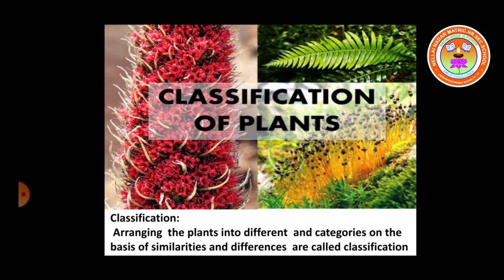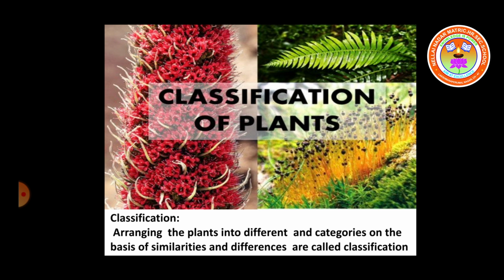The next term is the classification. What do you mean by classification? Classification is nothing but arranging the things in an orderly way. Here, plants are arranged into different groups and categories on the basis of similarities and differences. This is called classification.